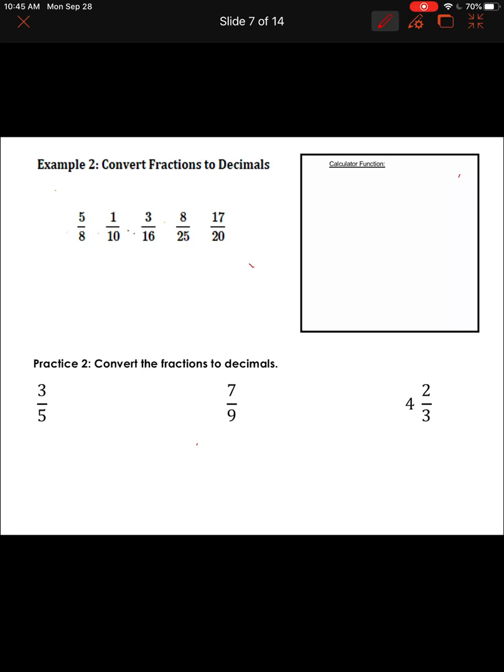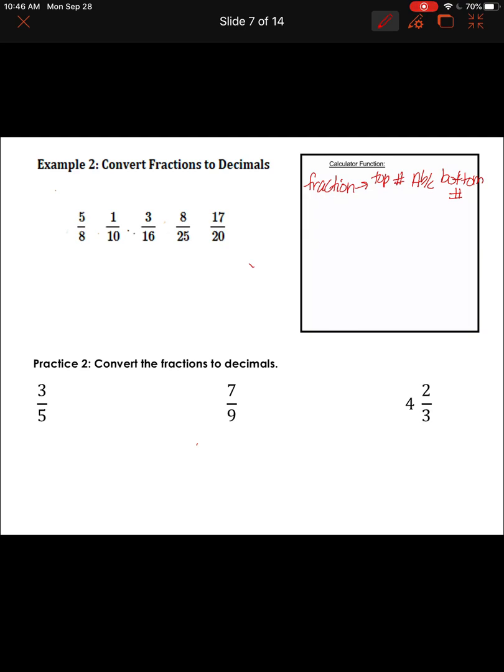So converting fractions to decimals. So let's figure out how to put a fraction in our calculators. So in order to put a fraction in your calculator, you do your top number, you hit the A B slash C button, and then you put in your bottom number, okay?